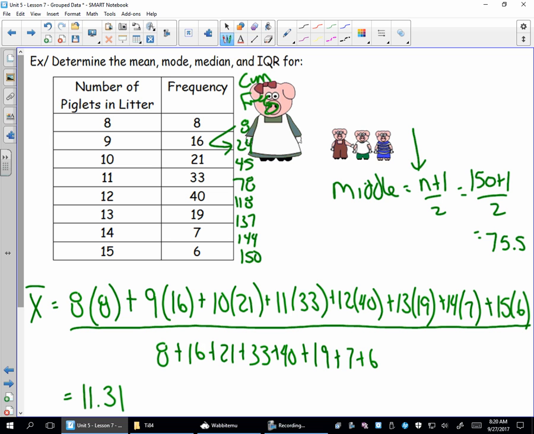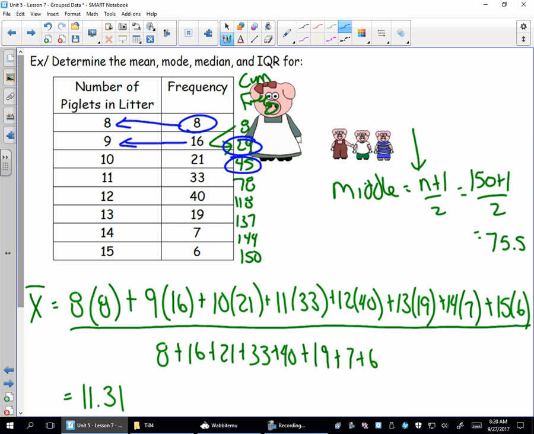It's halfway between 75 and 76. So where does that fall? Here's your thinking part, okay? The first 8 numbers are all 8s. The next 16 numbers are all 9s. So in other words, the first 24 are 8s and 9s. The first 45 are 8s, 9s, and 10s.